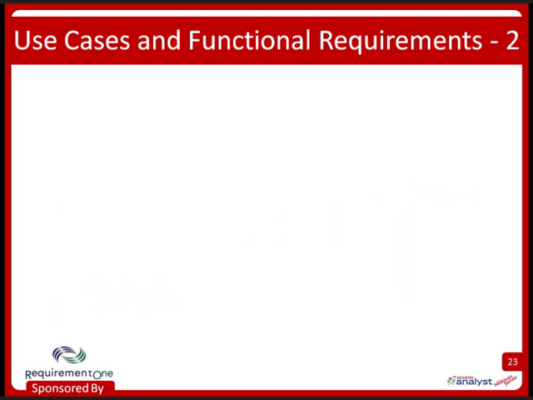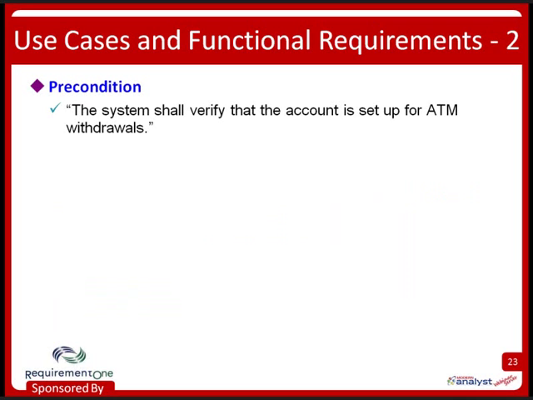So here are some examples of how you might go through the parts of a use case description to get to some understanding of specific functional requirements to allow the correct system behavior to take place. One of the things about preconditions is that if you write a precondition in a use case, it tells you what has to be true, but it never, that I've seen, says what the system should do if this precondition is not satisfied.